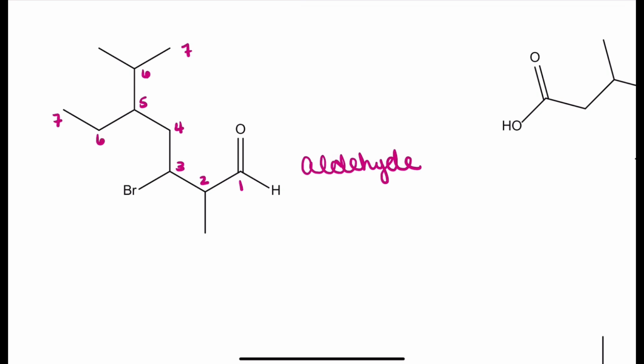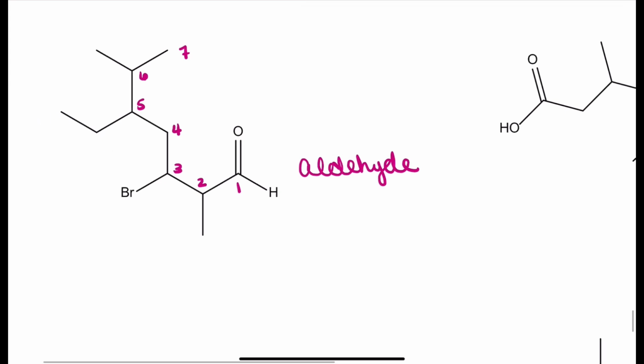Now, how do I know which way I'm going to name this one? They're going to give me different names depending on which way I number the 6 and 7. And here's the trick. If I go 1 through 7 all the way up to the top, I have in this one 4 substituent groups.